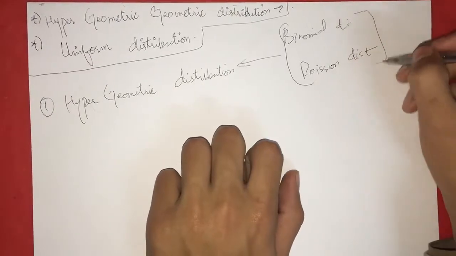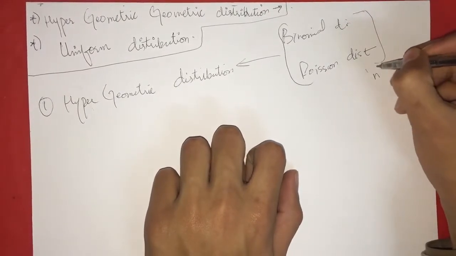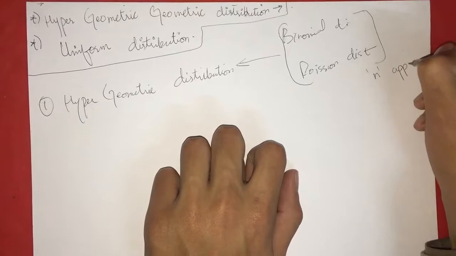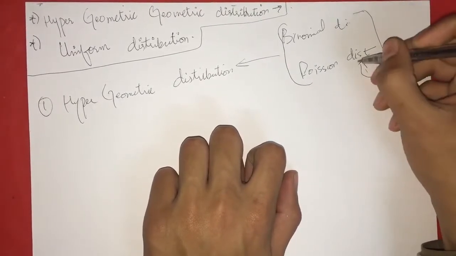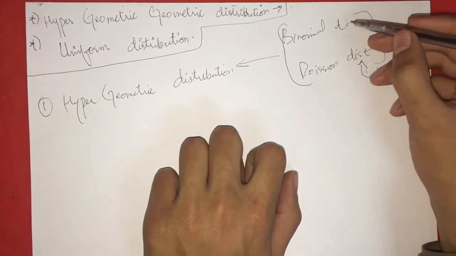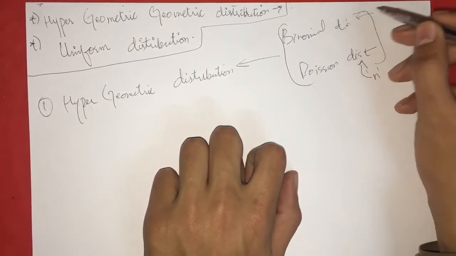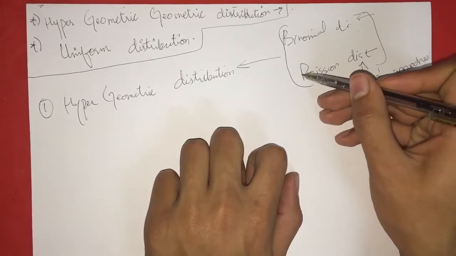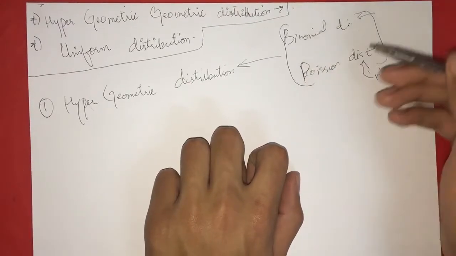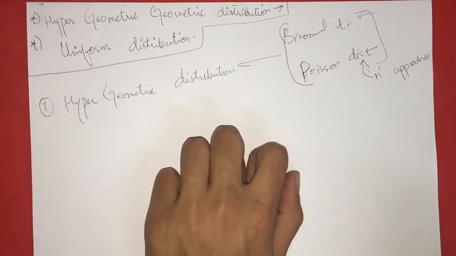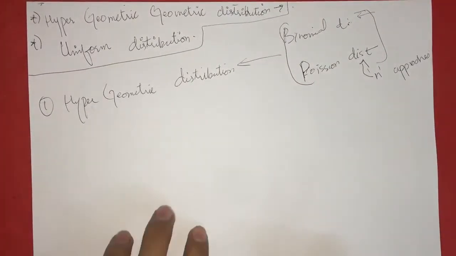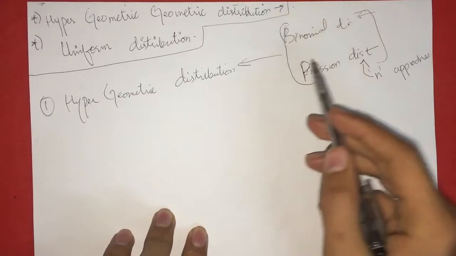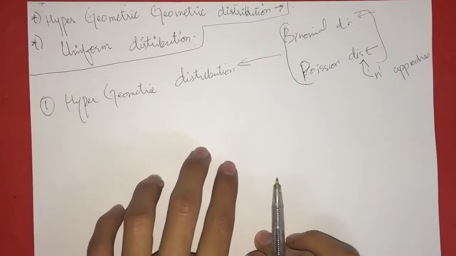The difference is when n, or the total number of trials, approaches infinity, you use Poisson distribution, and if it's limited, you use binomial distribution. So Poisson distribution is basically a binomial distribution where your n approaches infinity. But what is the difference between these two distributions and our hypergeometric distribution?